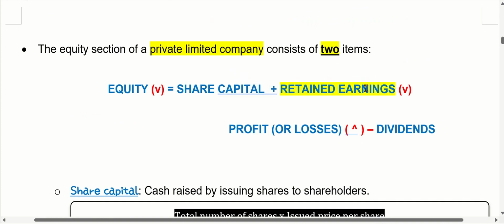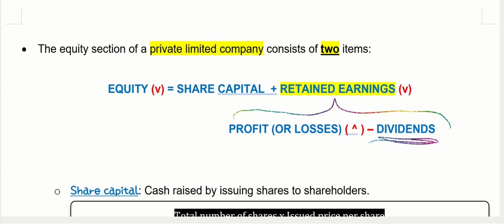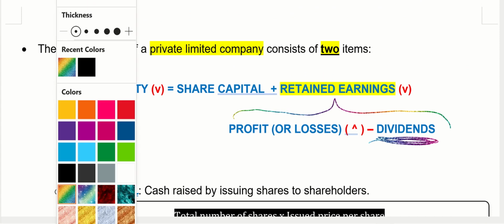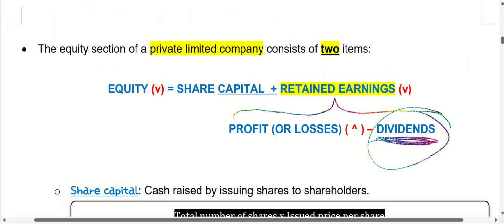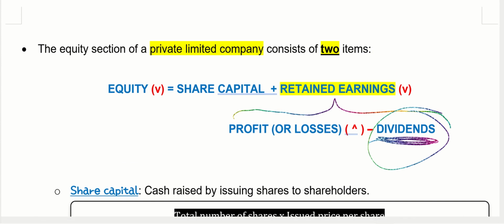That the retained earnings is made up of profit or loss and dividends. So this means that the dividends must go into your retained earnings. Dividends will need to be transferred to your retained earnings.